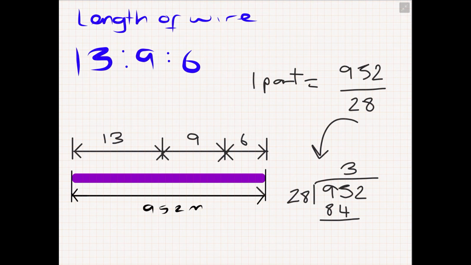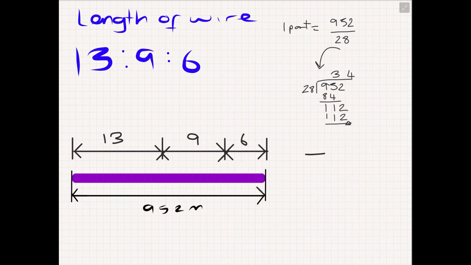Subtract 84 from 95. 4 from 5 is 1. 8 from 9 is 1. Bring down the 2. 28 into 112 is 4. And 4 times 28 is 112, which gives us 0. So one part will equal 34 meters.